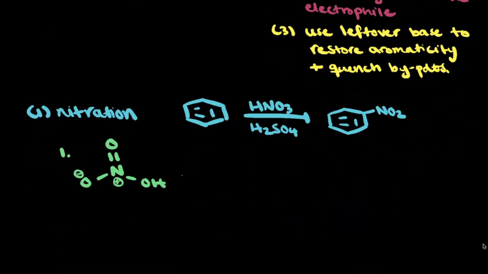And then sulfuric acid will look like this. Right? So what's going to happen is that you're going to form some sort of a good leaving group in order to activate your electrophile. And that's something that's actually going to be happening a lot in each of these reaction mechanisms. So it'll become a very common trend.